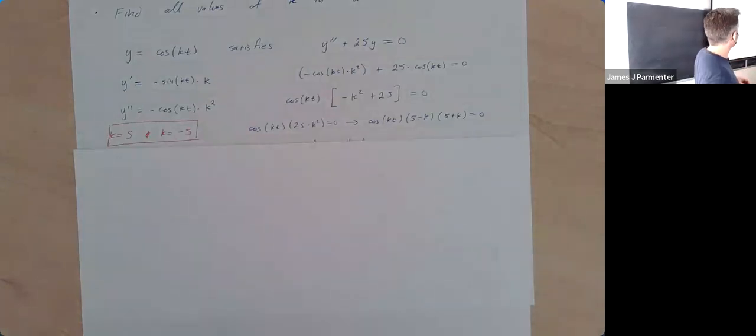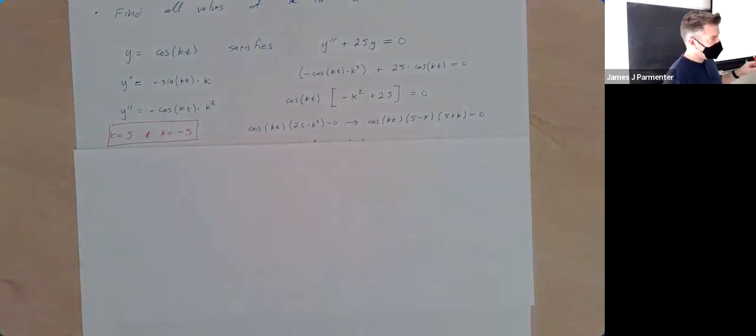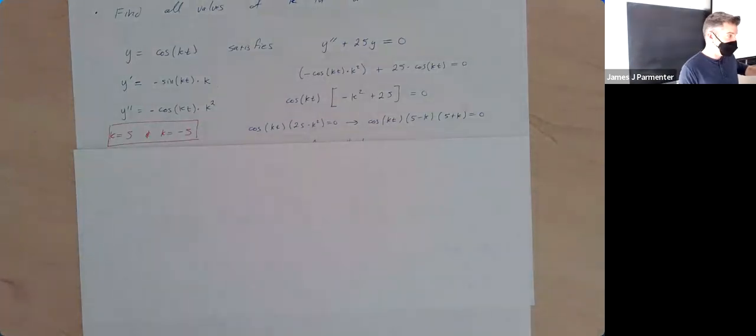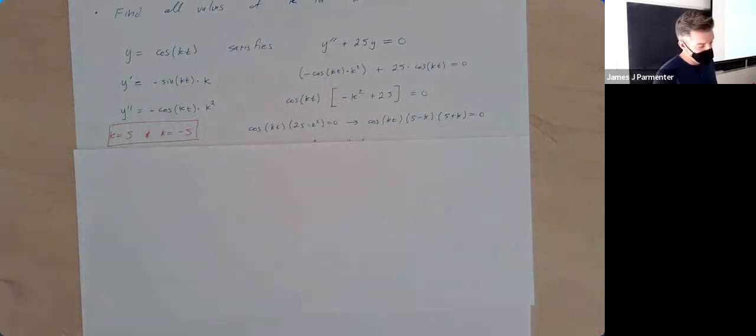That's a really good question. We'd have to be able to pick a value for k so that cosine of k times whatever t was always 0, and I don't think that works. But if it was sine, you could.